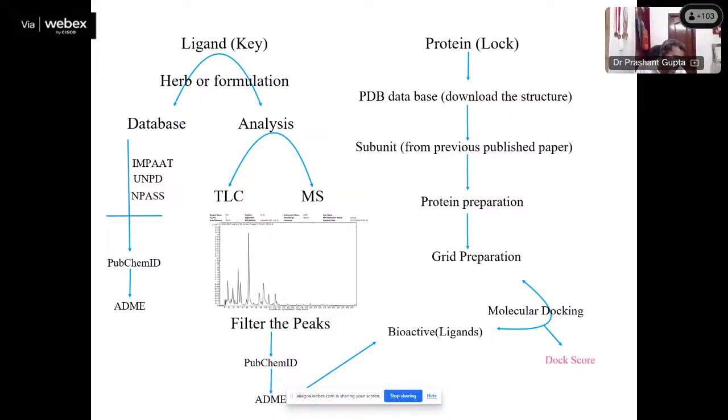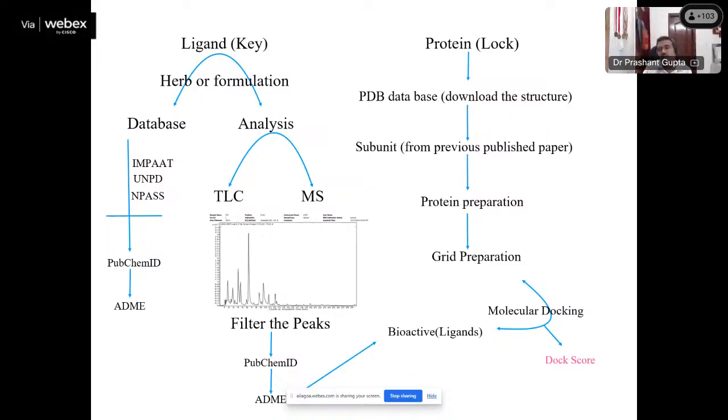Lock and key, we require lock and key. To get a key is very simple in conventional science. Let's say they have acetaminophen, ivermectin, hydroxychloroquine. They know the structure of that synthetic compound.